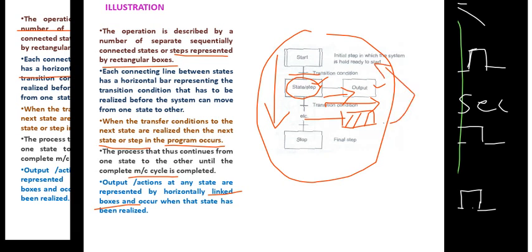Okay, so now we will move on to the next aspect, wherein we should be able to draw the sequential function chart for a given case or example, and from the sequential function chart we should be able to draw the equivalent ladder diagram.